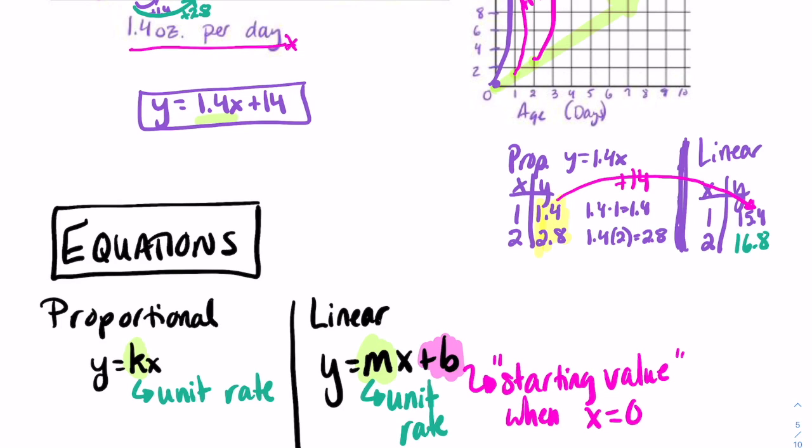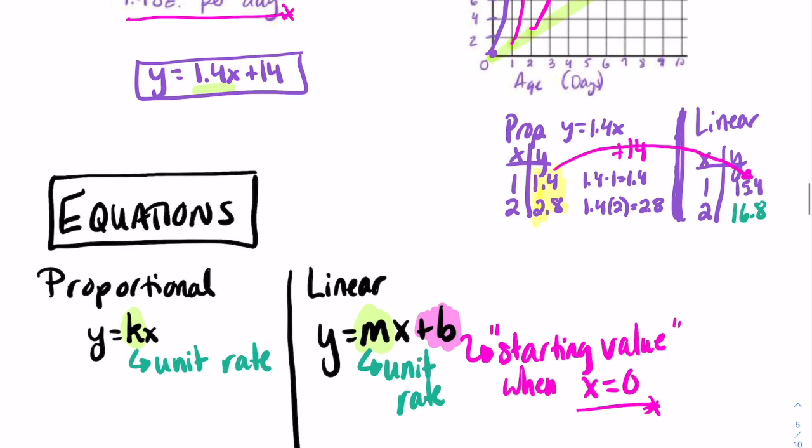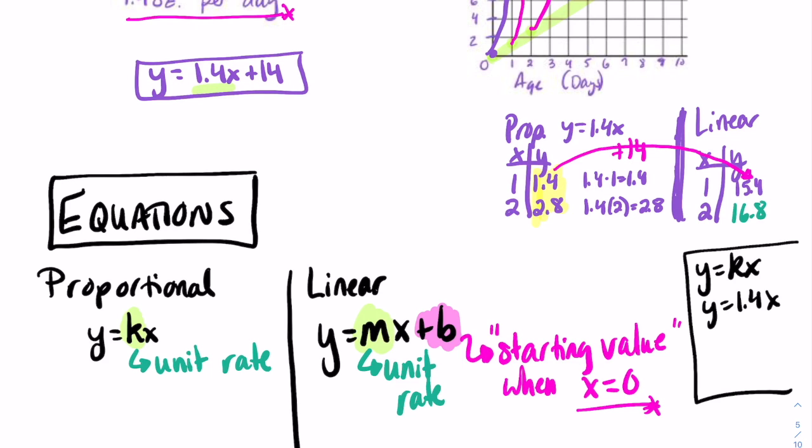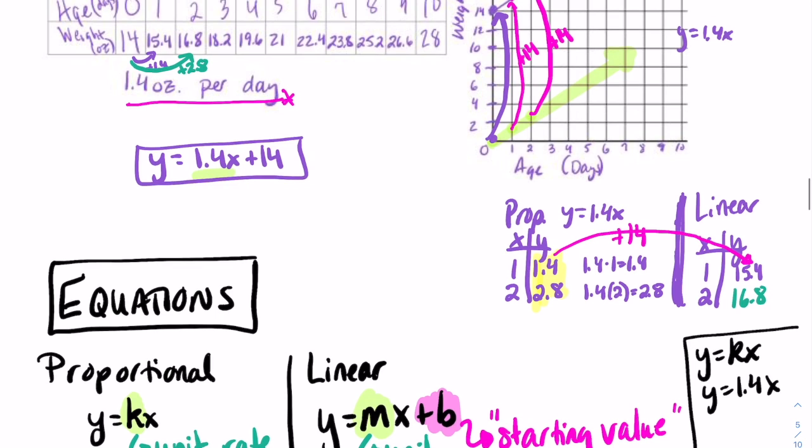For example, in that last problem, we're talking about her weight on day 0, and her weight on day 0 was 14 ounces, which is why we needed the plus 14, okay? And so if we're thinking about this, it's either going to be y equals kx, like that y equals 1.4x that we drew here.